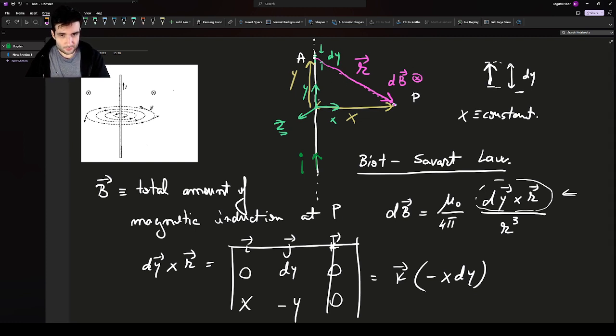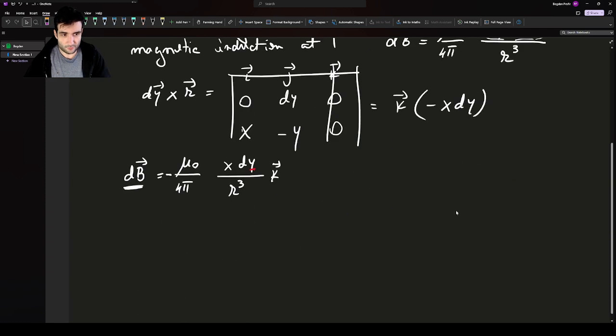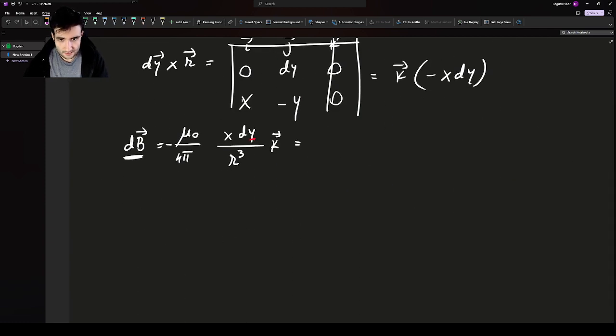This triangle is a right triangle, which means that we can write r as the square root of x squared plus y squared, where only y is my variable, so x is constant. So if I do this here, let's say I'm just going to look at the value of dB. I'm going to ignore any direction for now.